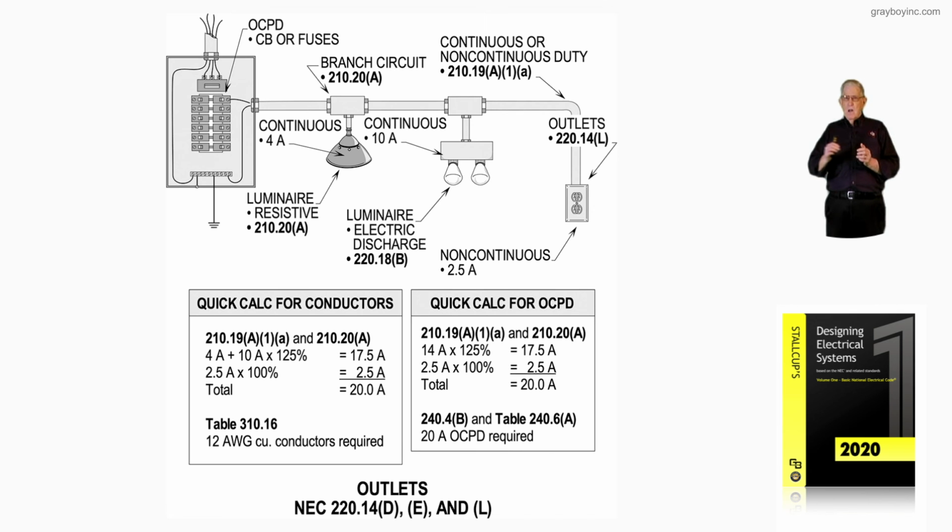Now it's got to come along at 125% to derate the loading of the breaker 80% and serve as a heat sink between the breaker and the load served, to keep that heat off the breaker for continuous load plus the non-continuous load. And that's what our Figure 14-21 is illustrating in 220.14 D, E, and L.